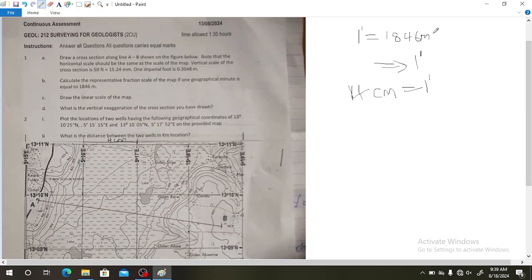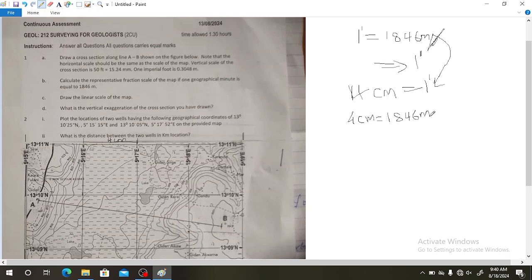And we know that the value of our 1 minute is 1846. We need to substitute this 1 minute with this value in meters. You replace it here. What we are going to get now: 4 centimeter is equal to 1846 meters.